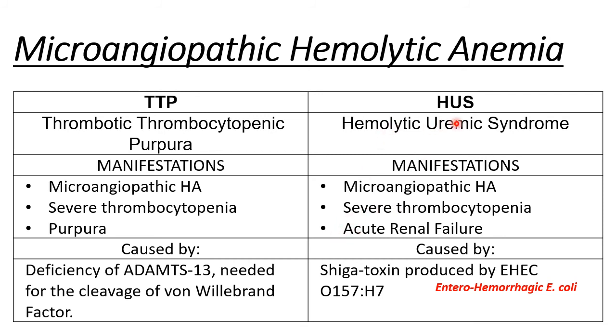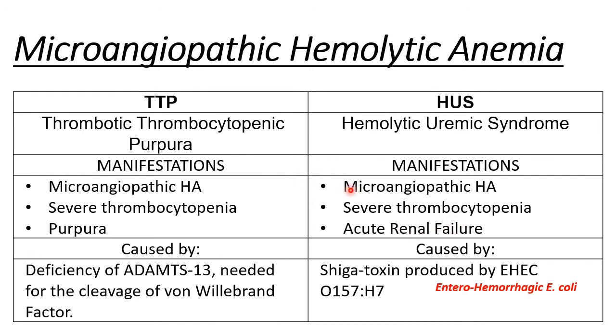Di ba? From the name itself, no? Hemolytic uremic. May uremia. Ano bang ibig sabihin ulit ng uremia? Mataas ang levels of your BUN with clinical symptoms. Bakit tumataas ang BUN? Kasi pangit yung activity of your kidneys or meron ngang renal failure.